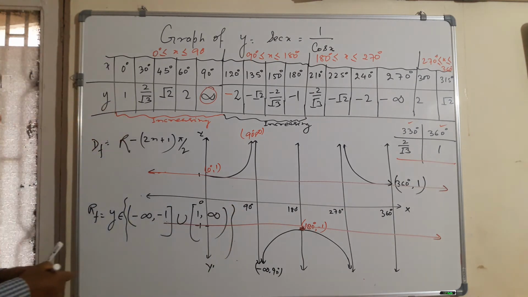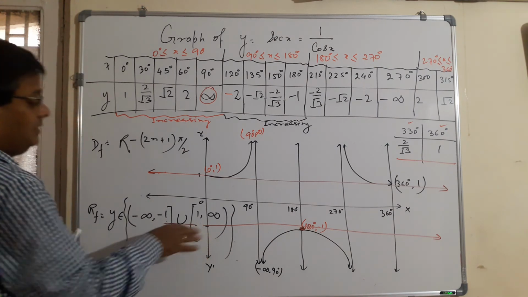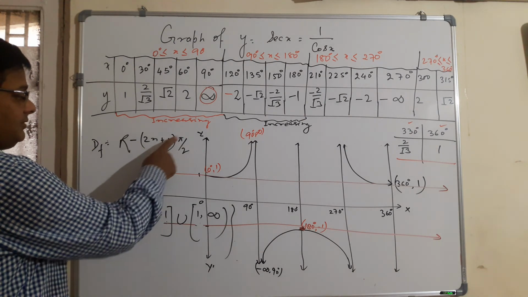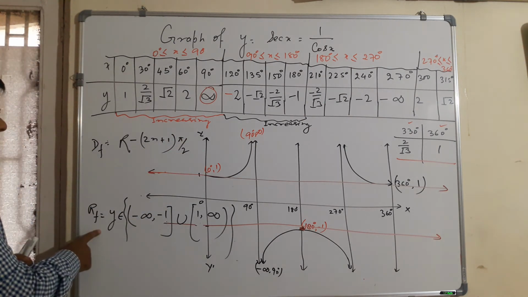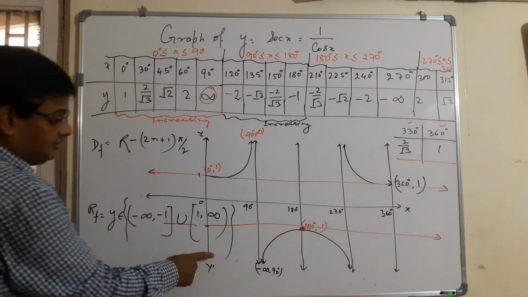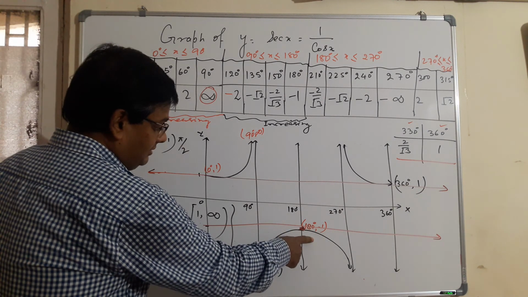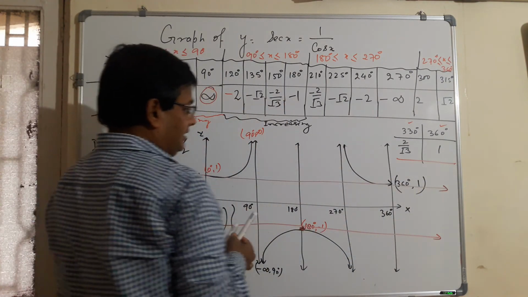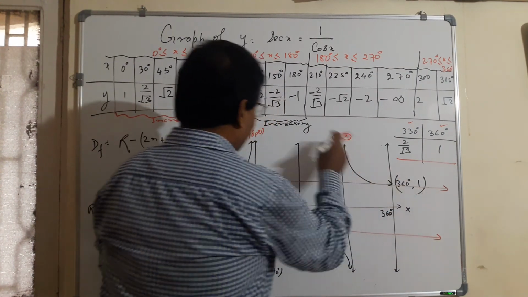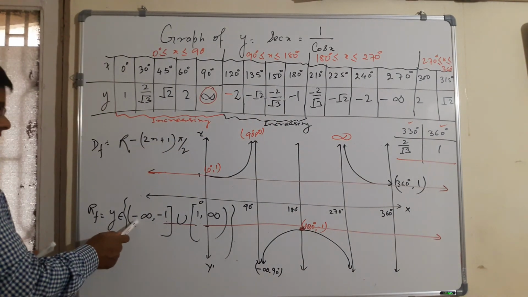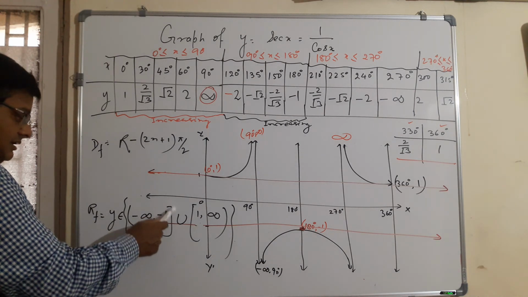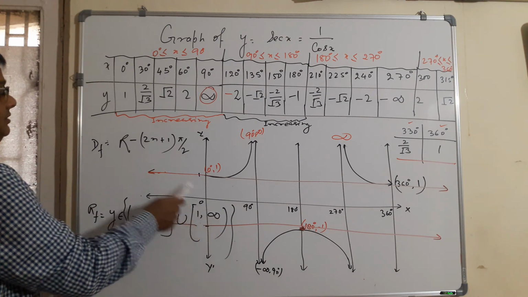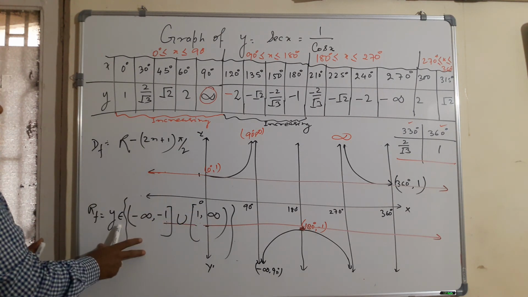So now the domain is the set of all real numbers except (2n plus 1) pi by 2, and the range means y belongs to minus infinity to minus 1 and 1 to infinity. Here it is a closed interval, union, closed interval, 1 to infinity. So this is the domain and this is the range.